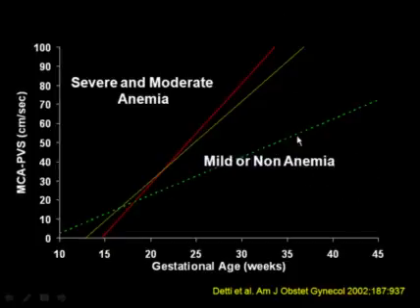Today, we are more rarely using this graph because we just look at the trend, and by looking at the trend, I will say that for the last probably 8 or 10 years, we have not missed any anemic or severely anemic fetus, and we did not perform any unnecessary procedures.